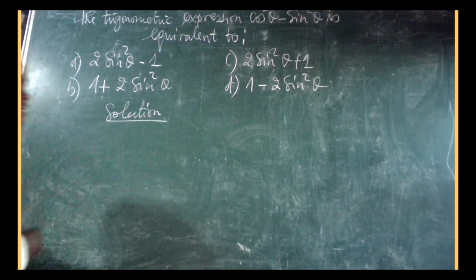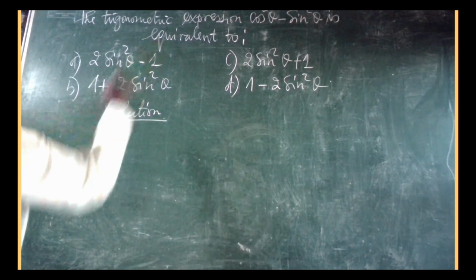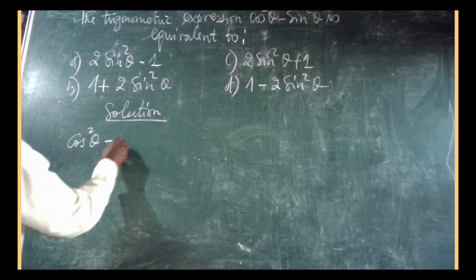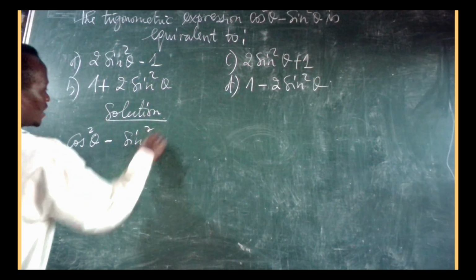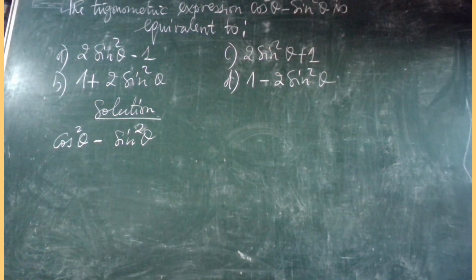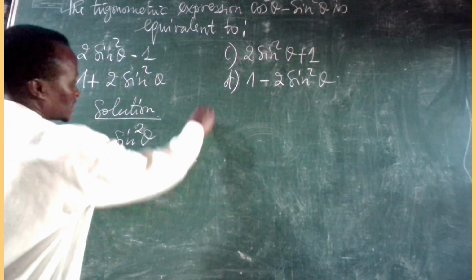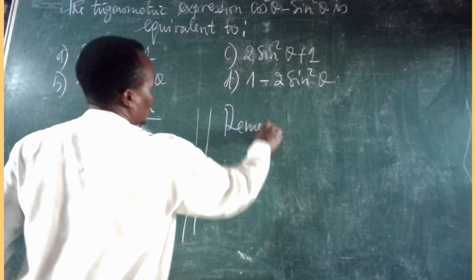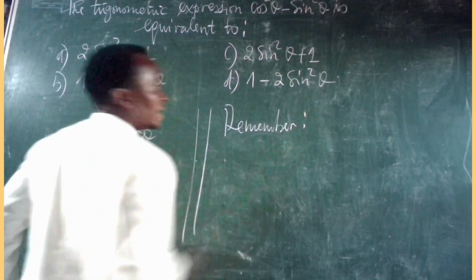This is the solution. Let us write that one: cosine square theta minus sine square theta. Now we have to remember this.